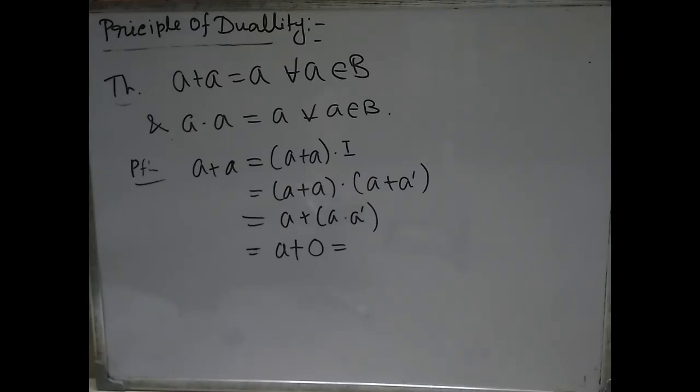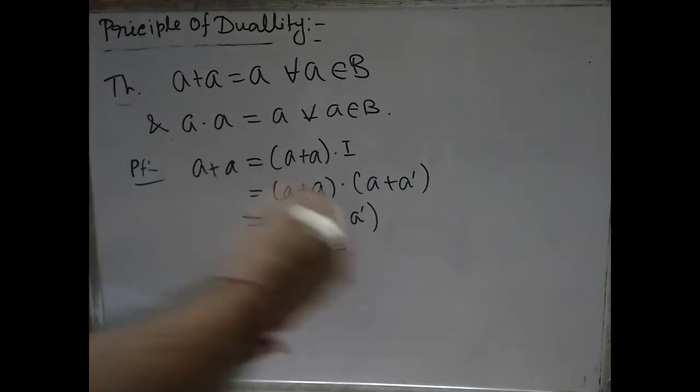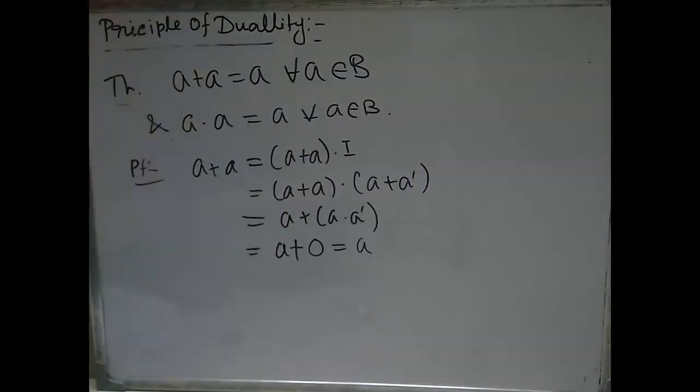You can think of 0 as a null set and I as a universal set. So our task is very easy. It will help to think the proofs. So this will be a.